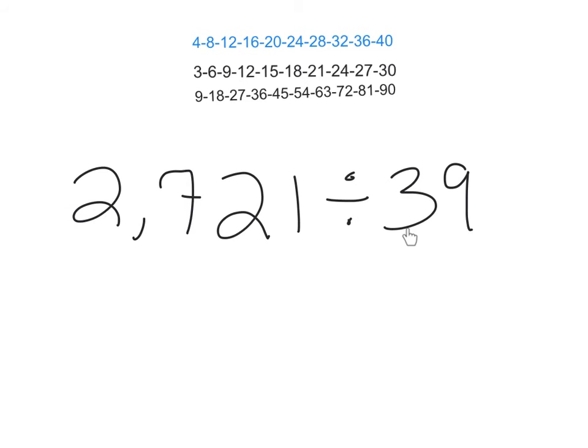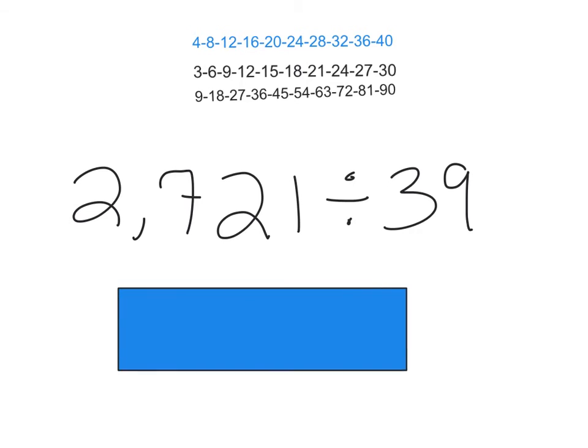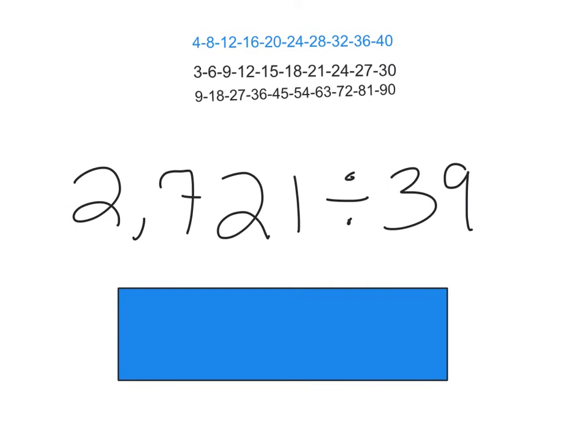2,721 divided by 39. As you see, I've got my 3's written, my 9's written, and since I'm going to round this off to 40, I've got my 4's written as well. So the first thing I want to do is create my first area box, and plug the 2,721 right inside that box.